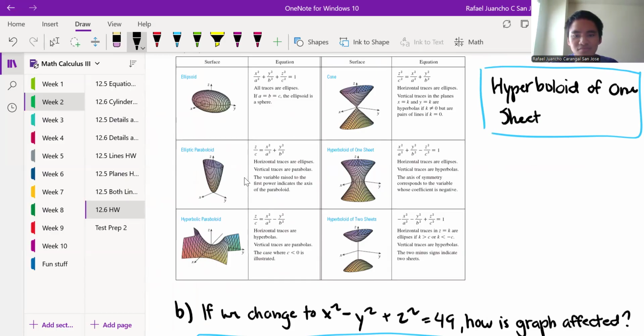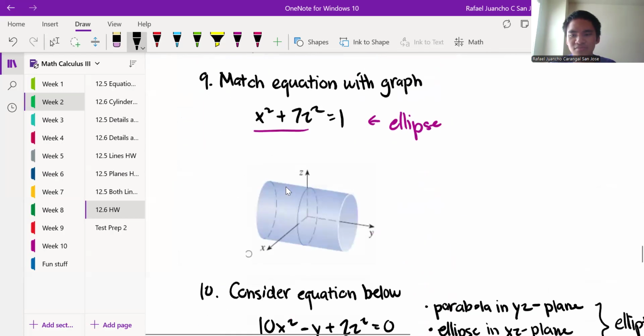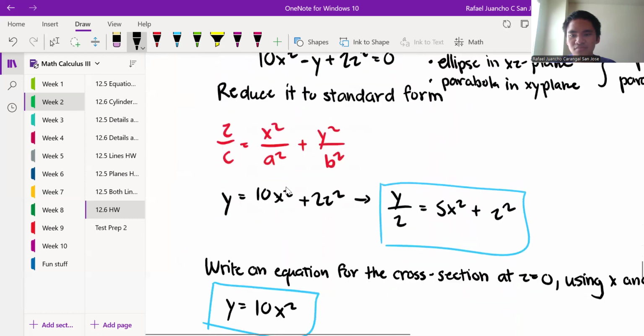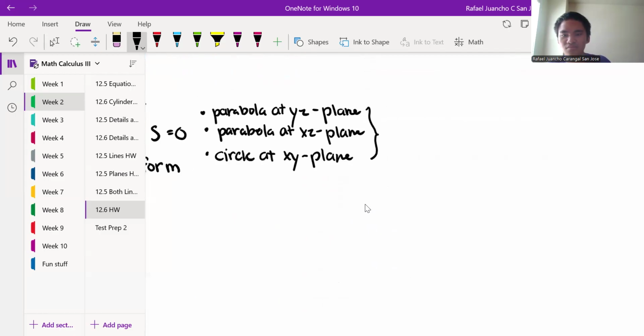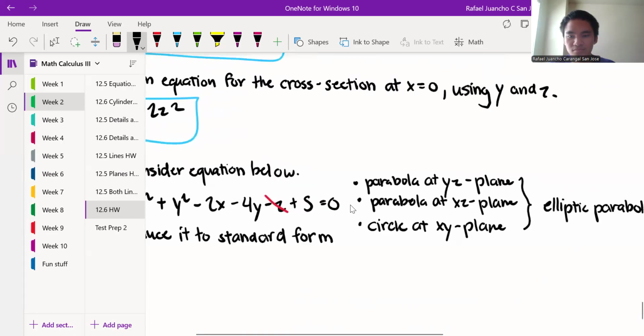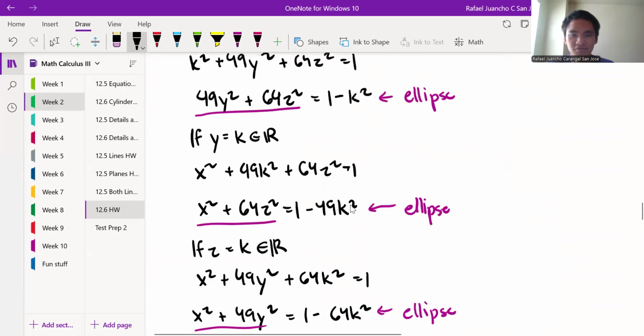That's what it is. Yeah, it looks like an elliptic paraboloid, because that's the only one that seems obvious.